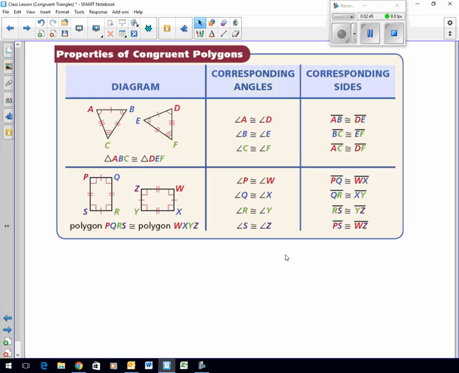Make sure we get this too, because I think this is where a lot of the confusion begins. If I said side AB, not angle AB, but side AB, was congruent to side ED, would I be correct or incorrect? Incorrect, because of the precision, right?